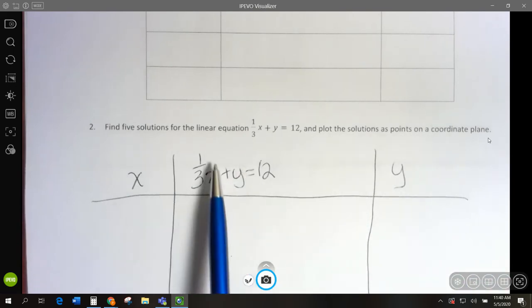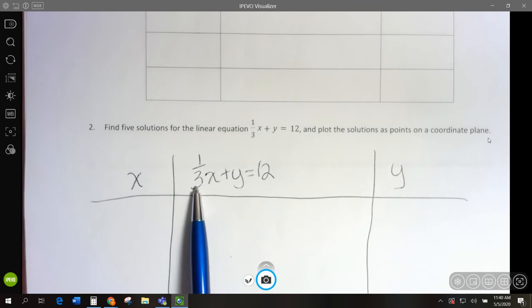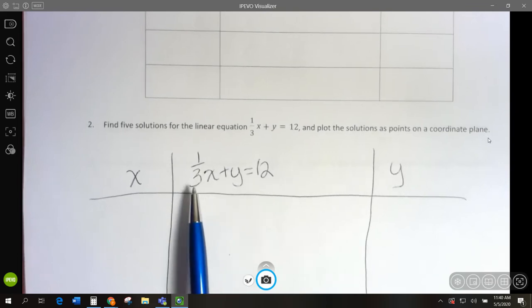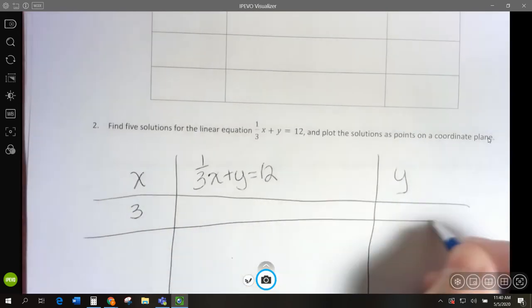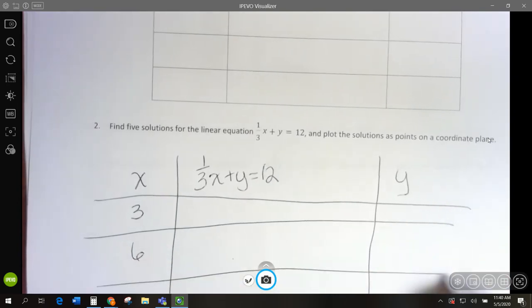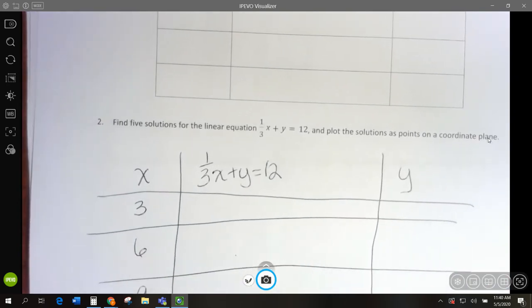I would pick x's because that has a coefficient. So it's going to make it easier if we pick our x's instead of our y's. And we want to actually pick multiples of 3 because 3 is our denominator. So we're going to pick 3, 6, 9, 12, and 15.